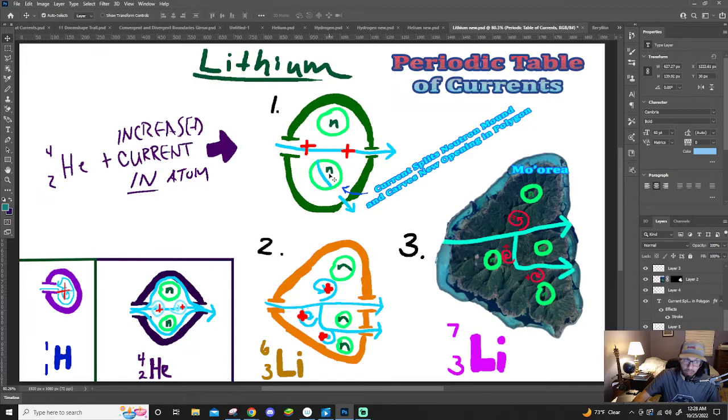And so if the current keeps flowing, then what likely would occur is the two neutrons, or half neutrons, would begin as half neutrons, but the currents would move them and shape them into new, complete neutrons.